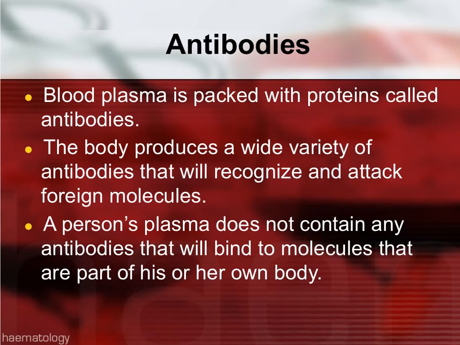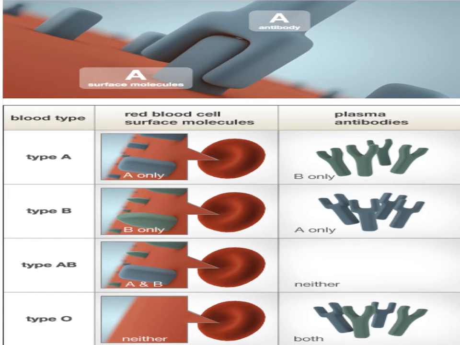You do not have any antibodies for your own blood, but you can have antibodies, or you will create antibodies for blood types that do not match your own. So here's an image of that. If a person has type A, then they're going to have those A antigens. Their blood will create B antibodies.